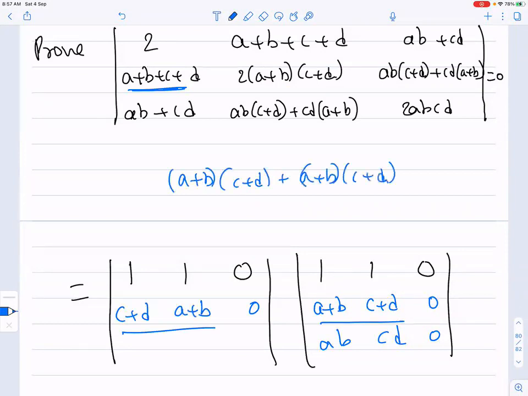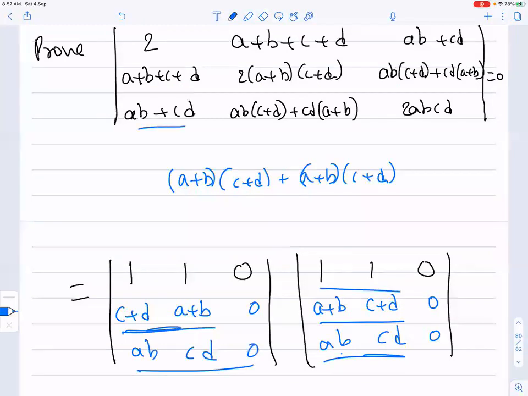Okay, it's working. Fine. Second element is coming. Now I'll multiply with this. We will get ab into (c plus d), ab into (c plus d), cd into (a plus b). Yeah, it's working properly. Now let me see like this: a, b, c, d, 0. This into the first row, it's working.